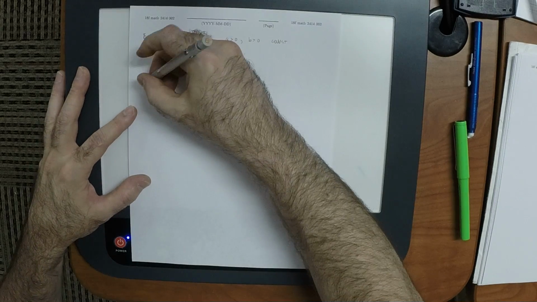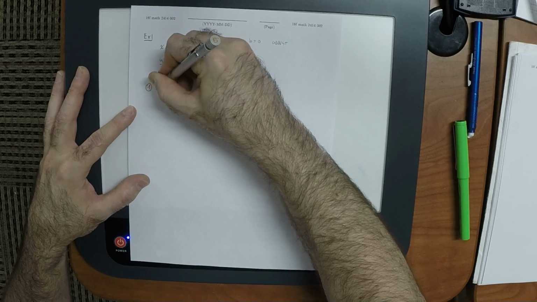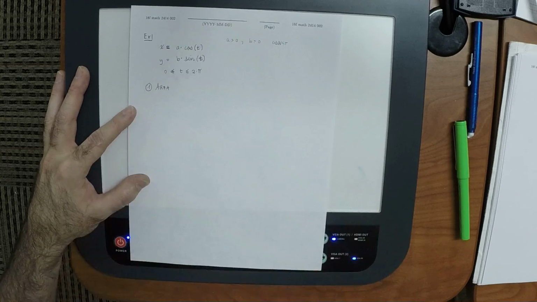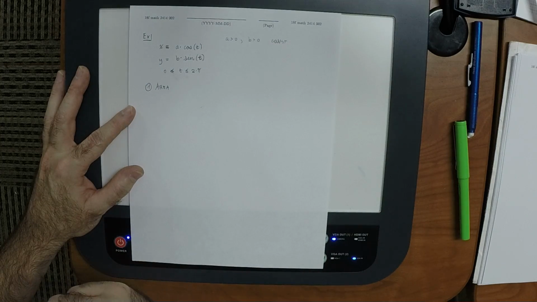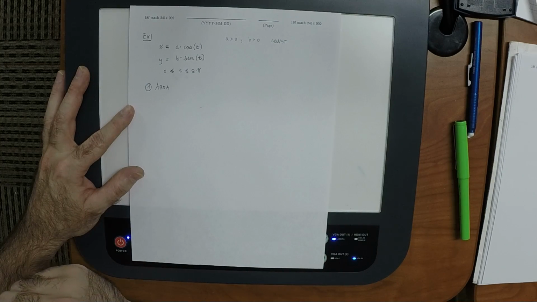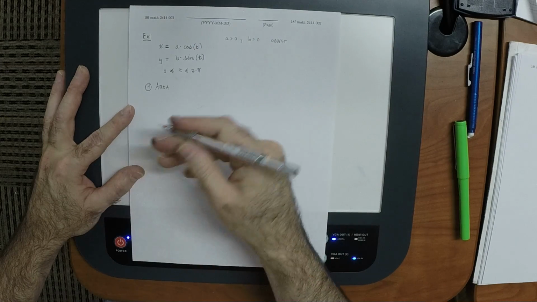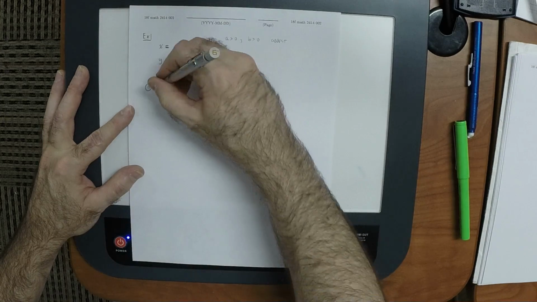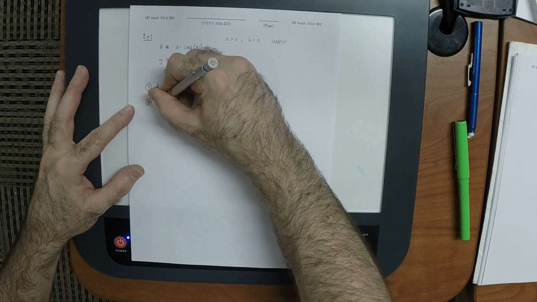So the question is, we could ask two questions. We could say find the area of that shape there. Well, that doesn't really make sense because some of it is below the axis. So I'll scratch that and say that instead let's find the arc length.